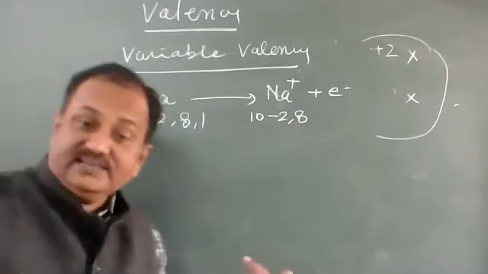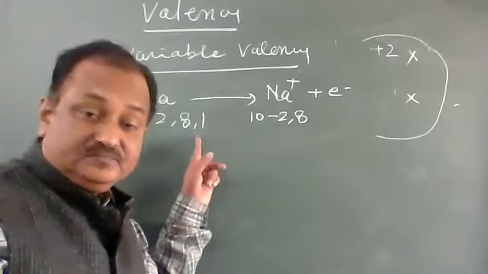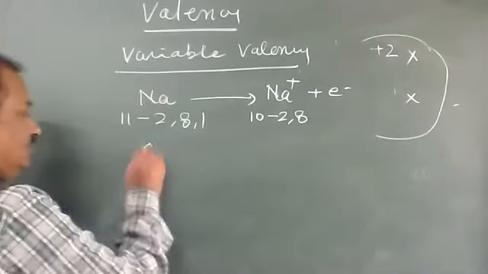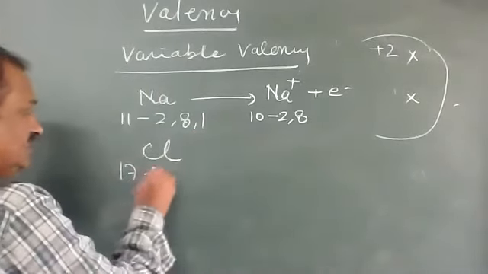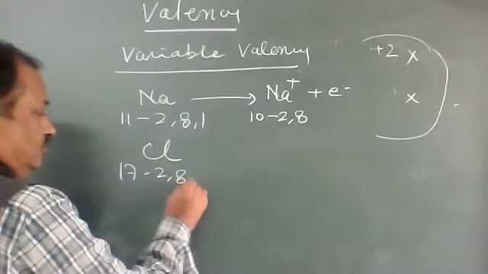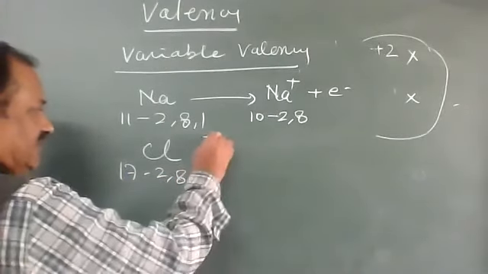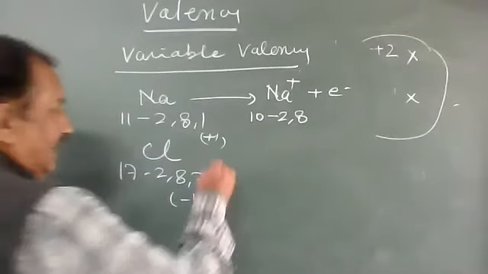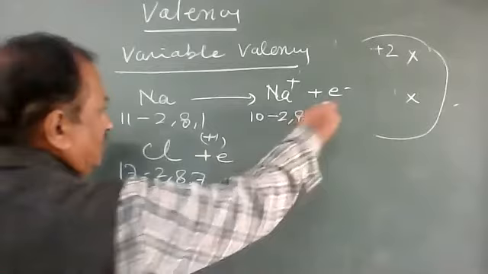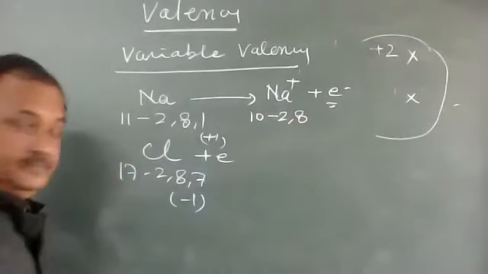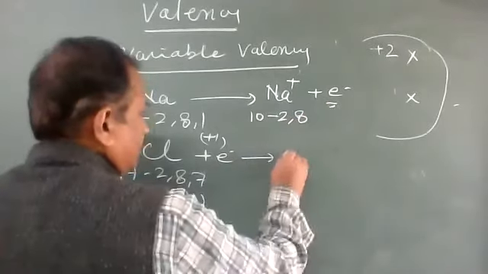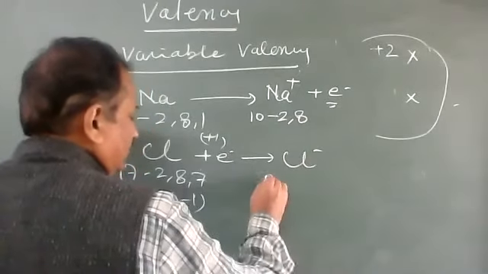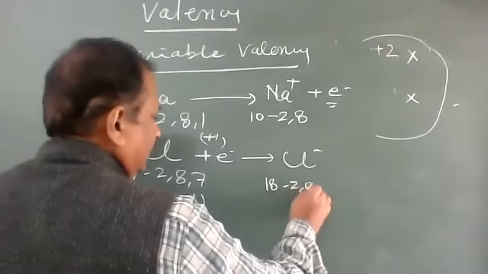Now coming to another example, sodium is a metal. Coming to chlorine, 17: 2, 8 and 7. So here the valency is +1, here it is -1. Chlorine will gain the electron lost by sodium, forming Cl minus, so it will be 18: 2, 8 and 8.